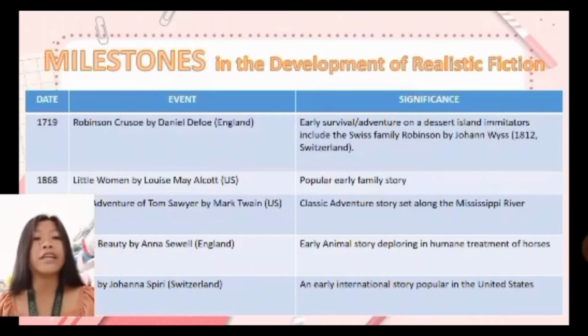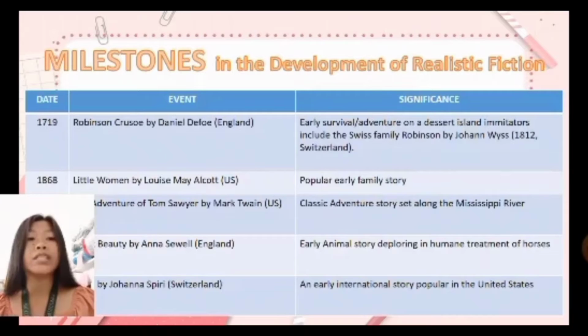And the significance of this story is it is an early survival or adventure on a desert island. Imitators include the Swiss Family Robinson by Johann Wyss, 1812, Switzerland. 1868, Little Women by Louisa May Alcott, US. Popular early family story.